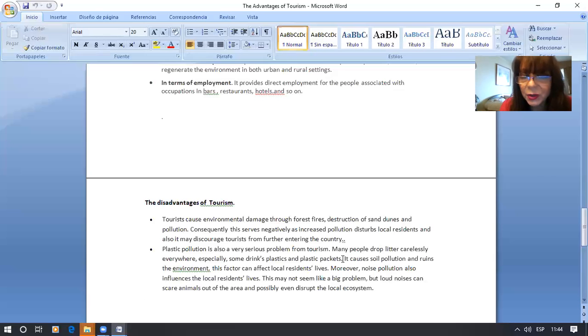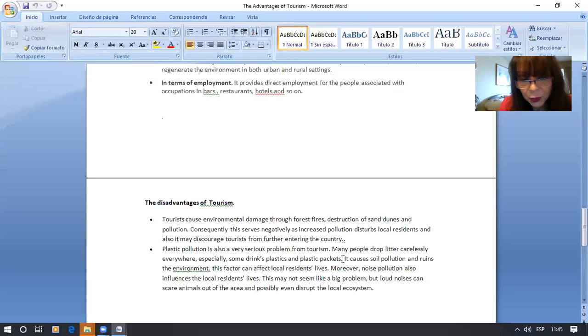Yeah, of course, especially if you are, let's say, in a place that is protected, this is very bad, very bad. People are not conscious about it. Well, it ruins the environment, and this factor can affect, of course, local residents' lives. And we also have, moreover, noise pollution, which also influences the local residents' lives.